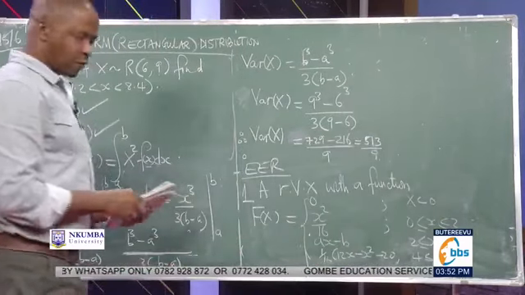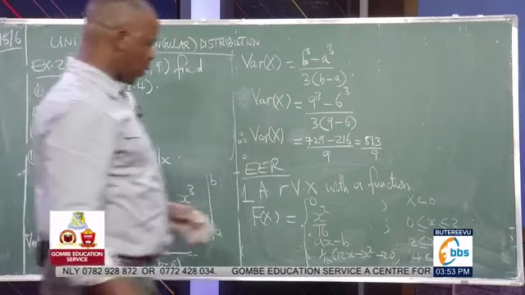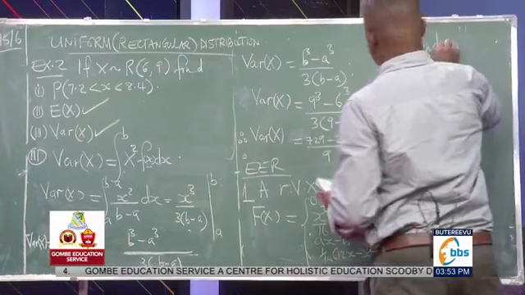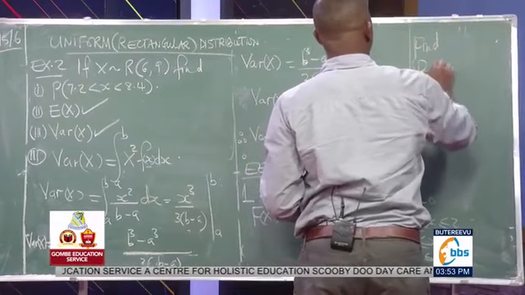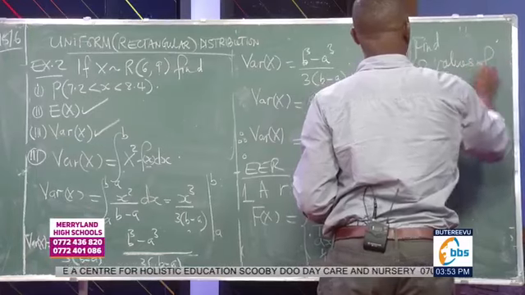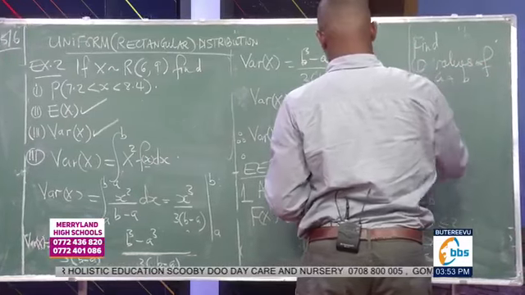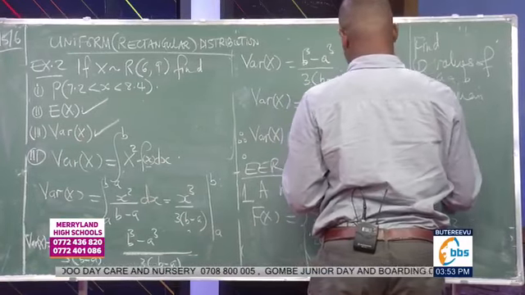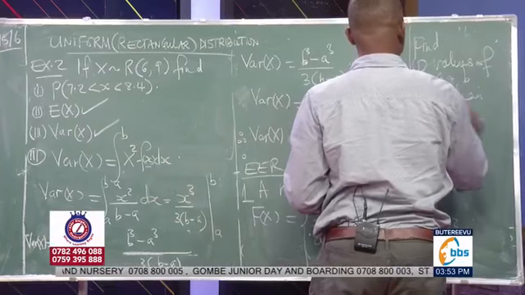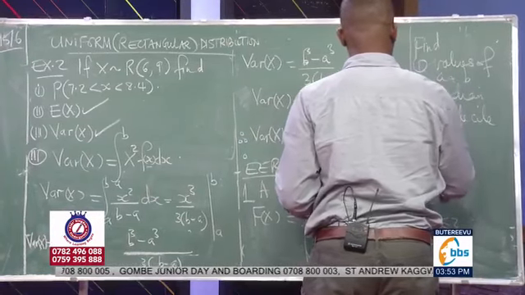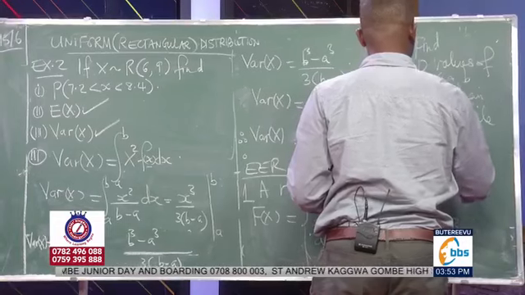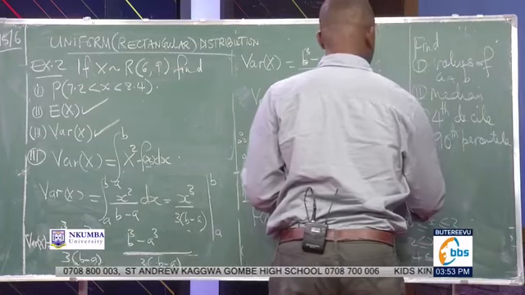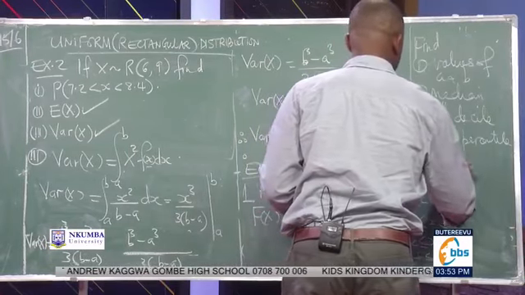This is a cumulative distribution function, and you are asked to find number 1, values of a and b. Number 2, find the median. Number 3, find the 4th decile. Number 4, find the 90th percentile. And then find the semi-interquartile range.